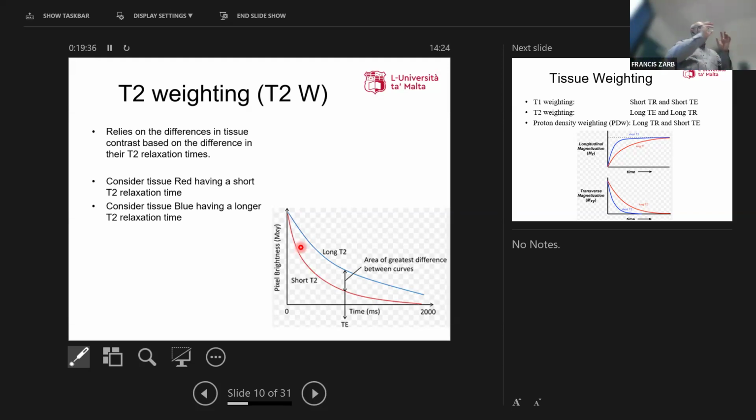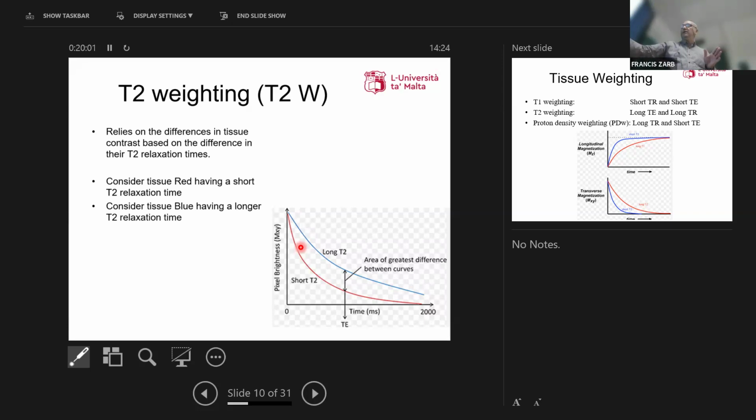But the TE is shorter than TR. The TR and TE would work in both weightings. Okay? For T1, if I were to use a long TR, both of them would have reached maximum.